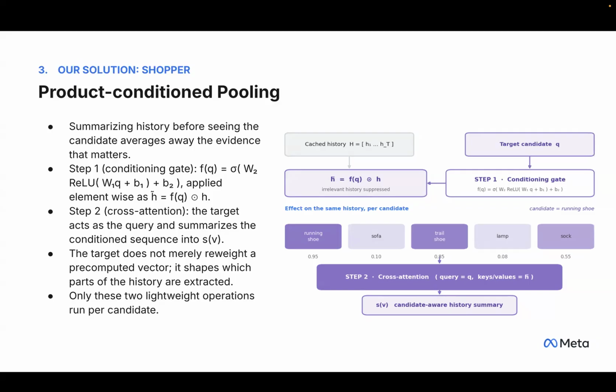First step, we do some conditioning scaling mix, which is a way to prioritize the main part of the information. And second, we do some cross attention. Here the target acts as the query and summarizes the conditioned sequence into a vector. The target does not just rewrite the vector, it also helps to shape part of the history.